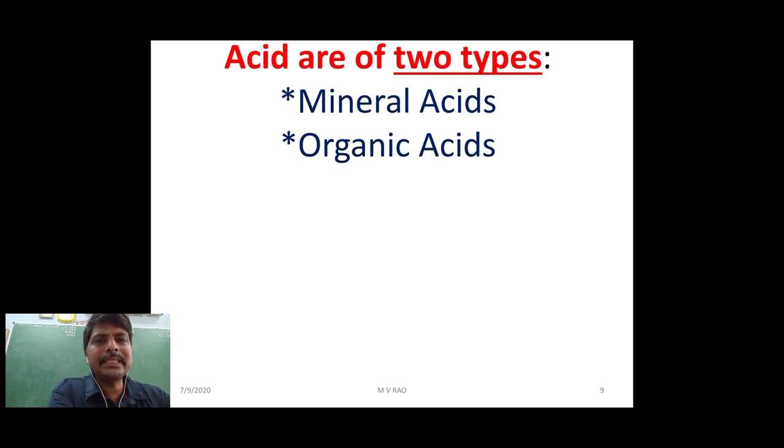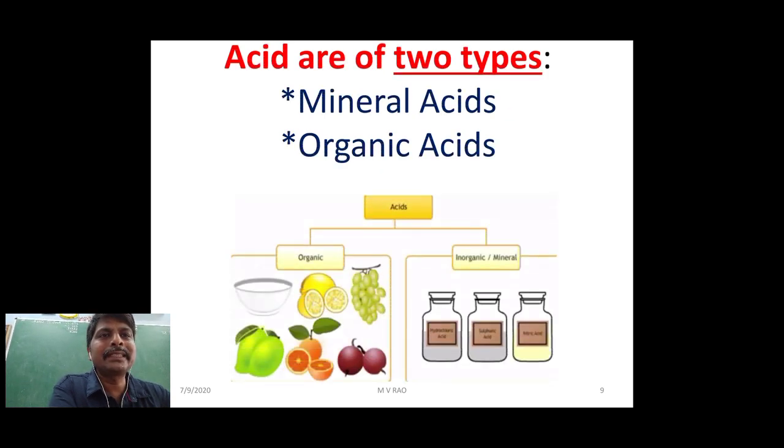So next one is, acids are of two types. First type is mineral acids. Second one is organic acids. What are mineral acids and what are organic acids? We will discuss clearly. Organic acids means their sources are generally fruits, vegetables, living organisms, plants, curd, milk, like this.